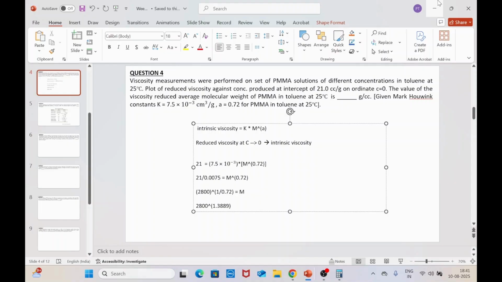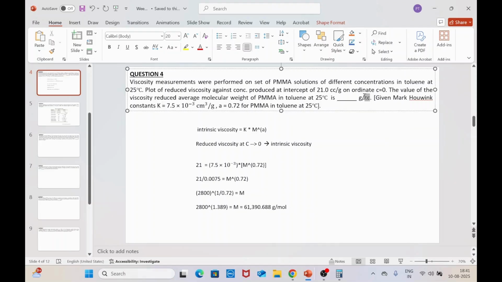You can take it as 1.389, it's better to take 1.389. That is M. So what would that be? 2800 to the power 1.389 will be somewhere around 61,390.688 gram per mole. This should be gram per mole.